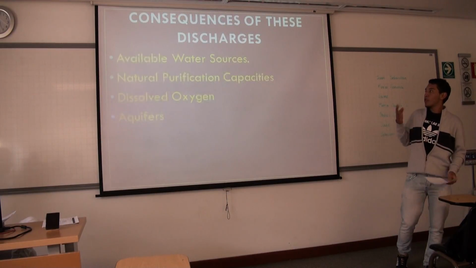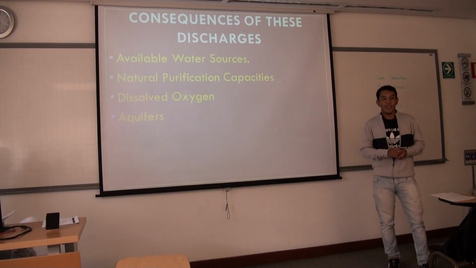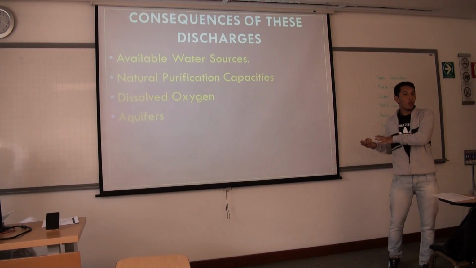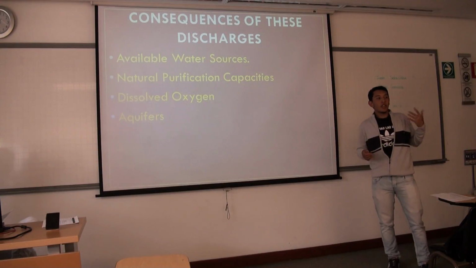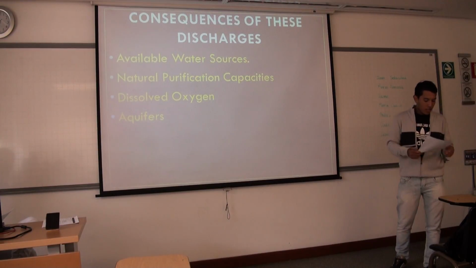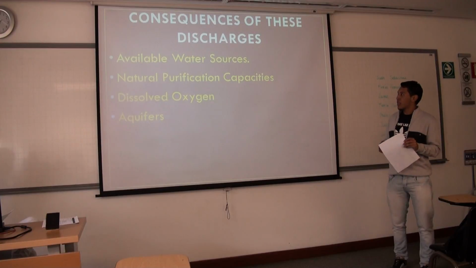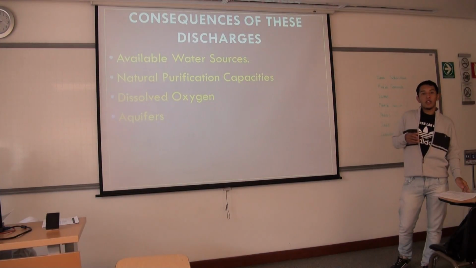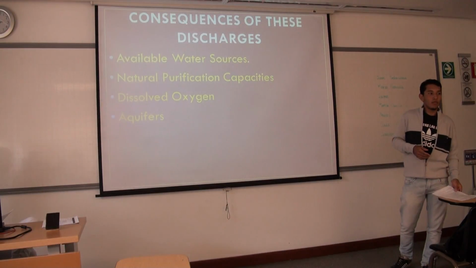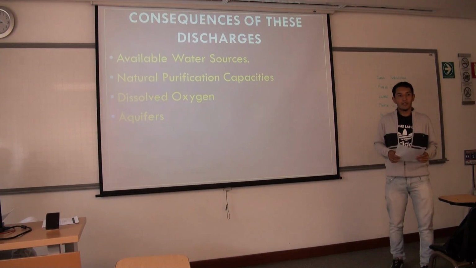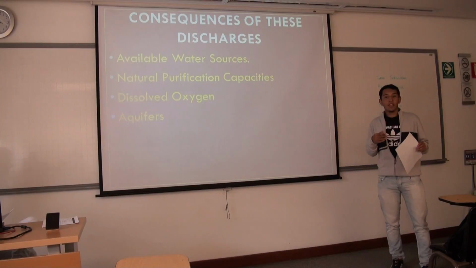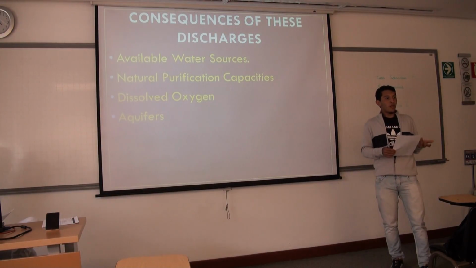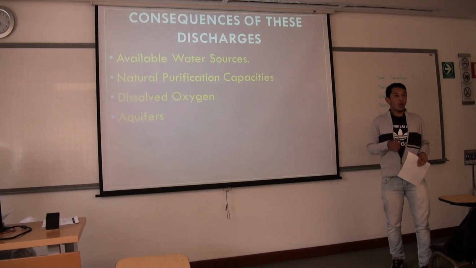Well, I'm going to explain a little about the consequences of these discharges on the water sources and the natural water bodies. The first is that the available water sources are basically going to be lost or aren't able to be used because the contamination of the system is too high.